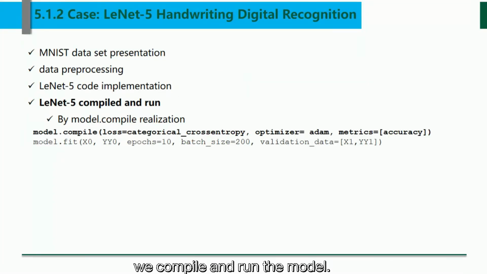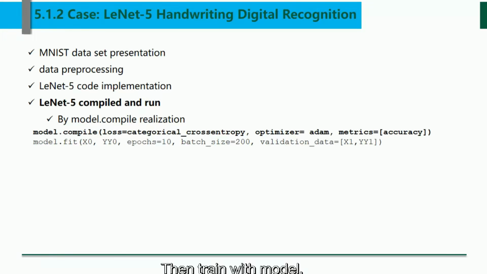Finally, we compile and run the model. First, compile with model.compile, set the loss function to categorical cross-entropy for multi-classification with one-hot labels, optimizer to Adam, efficient for training, and metrics to accuracy, track classification accuracy.